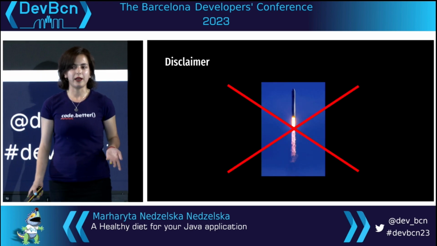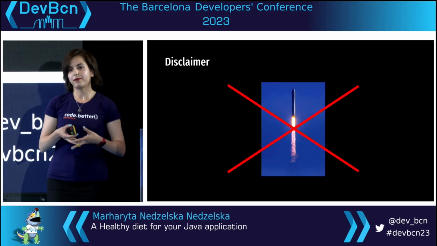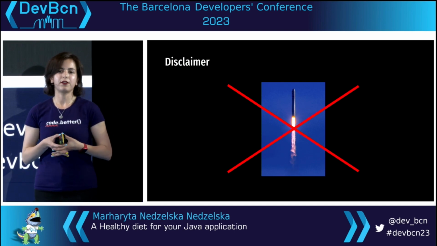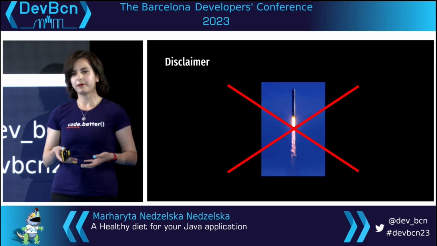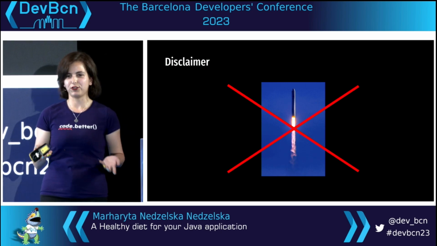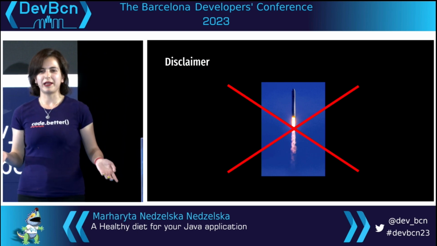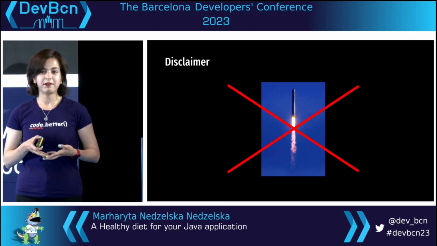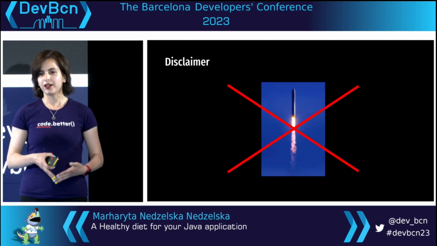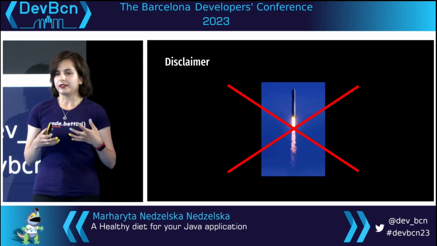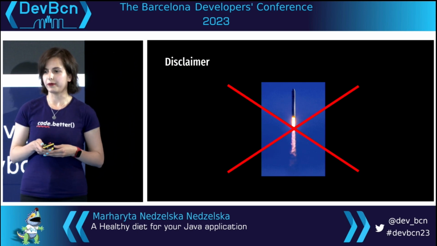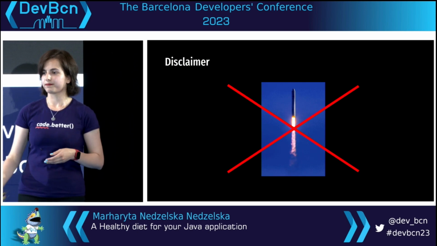A short disclaimer. The things that I am going to tell you today are not rocket science. You probably already knew them or heard about them, or as my husband told me when I presented it to him, you might not be impressed. However, I'll try to give you some structured knowledge, and you'll learn some algorithms that can help you deal with your memory leaks.